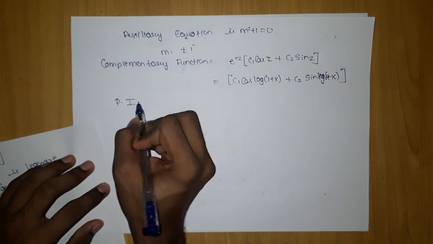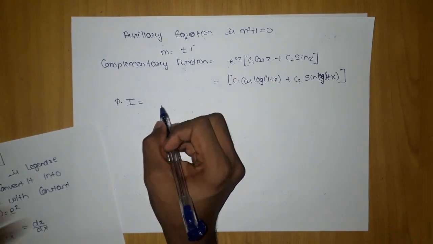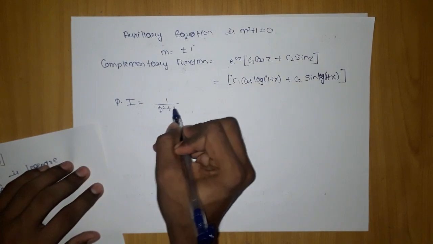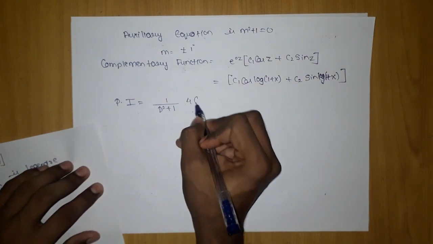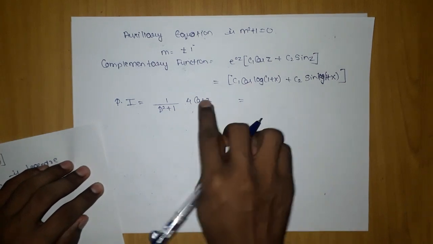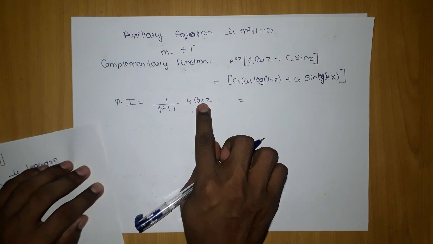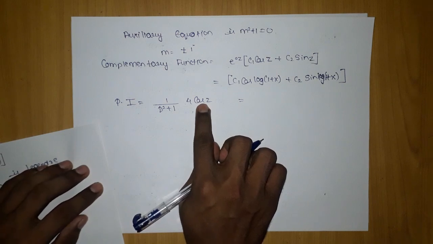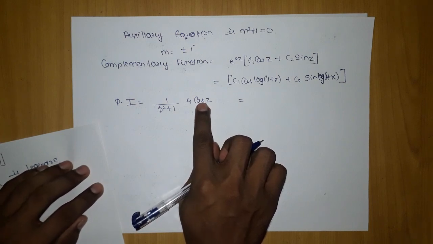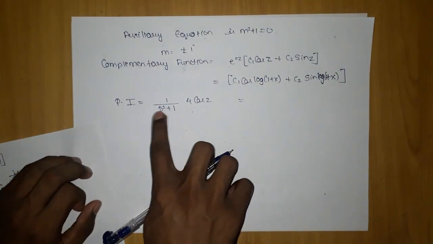Our target is getting the particular integral. It will be 1 by D square plus 1 into 4 cos z. Now, in this type of problem, when sin(ax plus b) or cos(ax plus b) is there, I told you we have to substitute D square by minus a square. So here it will be minus 1, so it becomes 0.